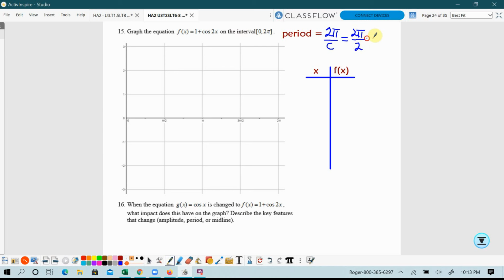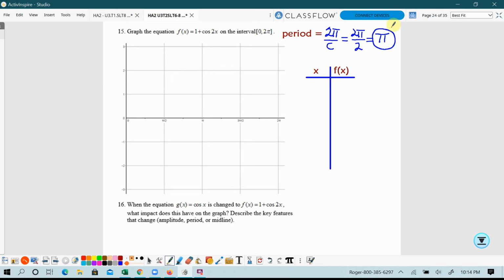So this means that 2 pi over 2 will give me a period of pi. So this isn't going to be a standard 2 pi period for this graph. This is actually going to be a little bit shorter by a half, if you will. It will repeat every pi units.